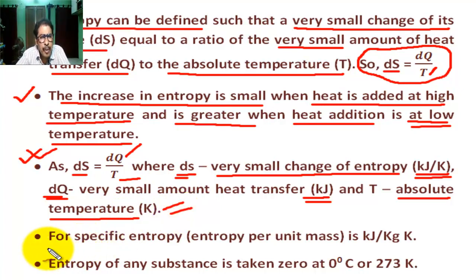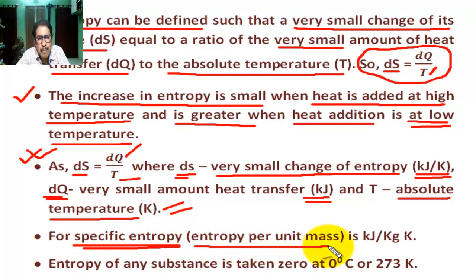Now for specific entropy. Specific entropy means entropy per unit mass. Then the unit of entropy is kilojoule per kg Kelvin.